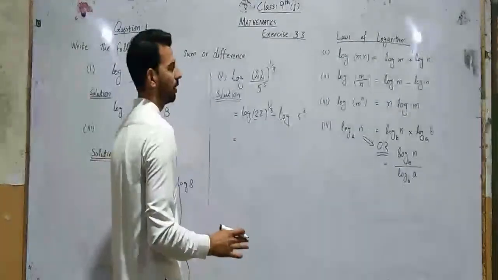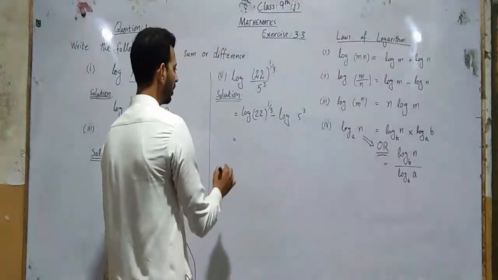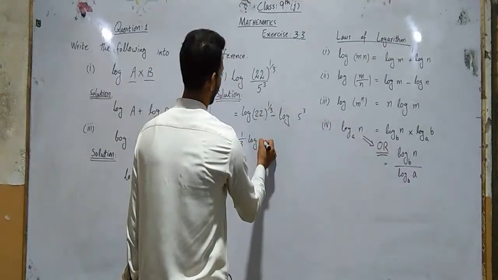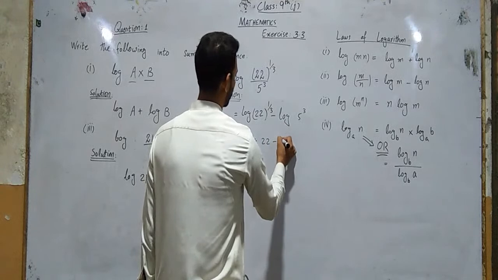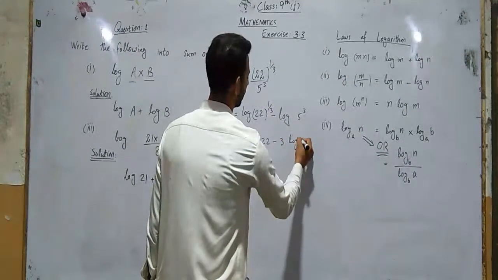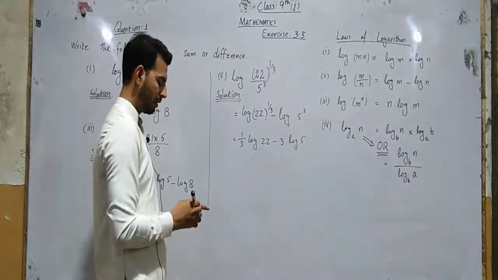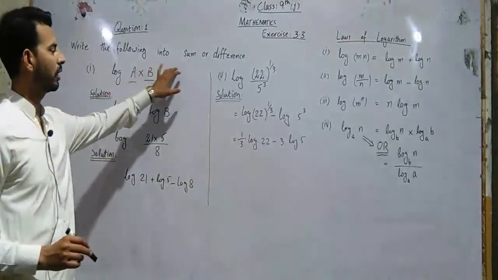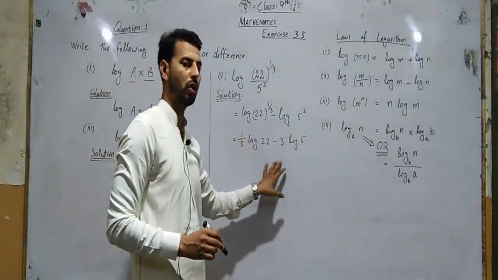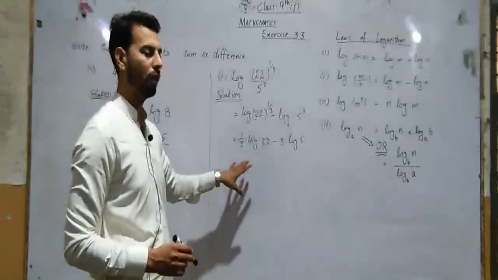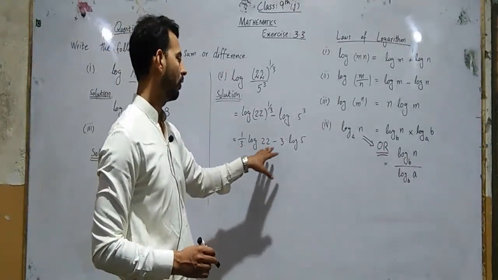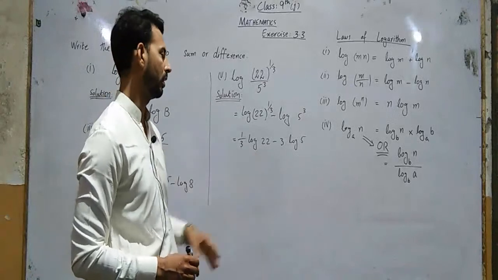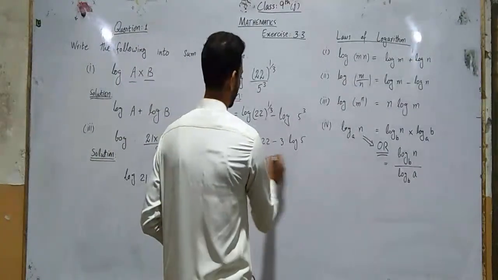Now we use the third law, that is, write the power first and then the remaining part: 1/3 log 22 minus 3 log 5. Students, one thing you must note down: in this question they said write the following as a sum or difference. We don't have to solve these further. We just have to write them in the form of plus or minus, not the solution of these values. So this is the answer.